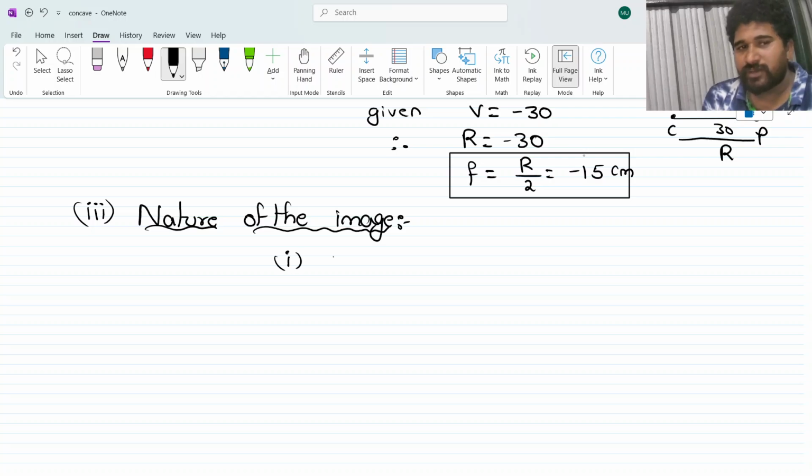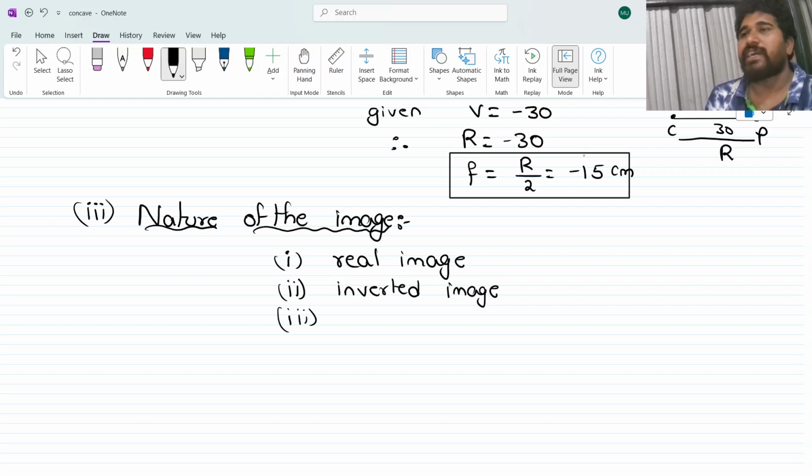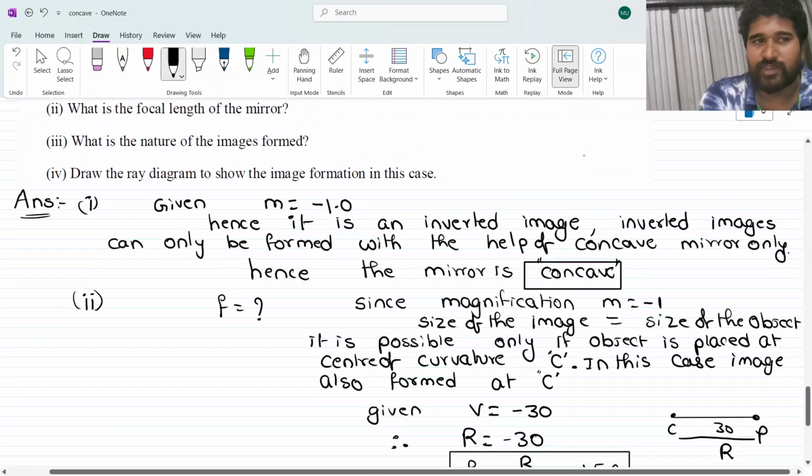So, first one, real image. Is it inverted or erect? Inverted image. What happened to the size? Same size. Yes or no? Size won't change. Same as the object. These three only resemble the nature. Understand?